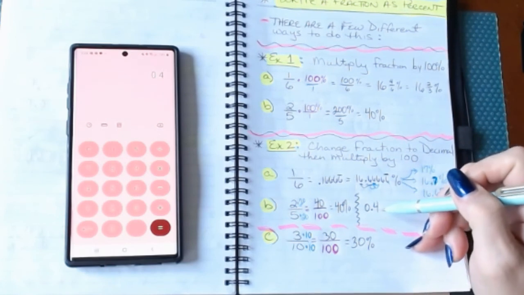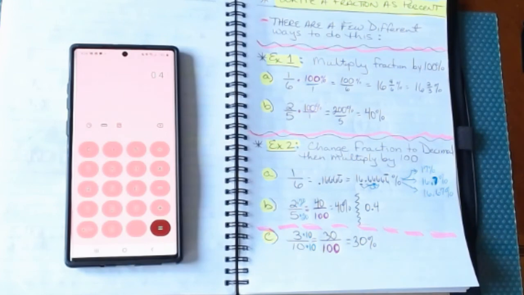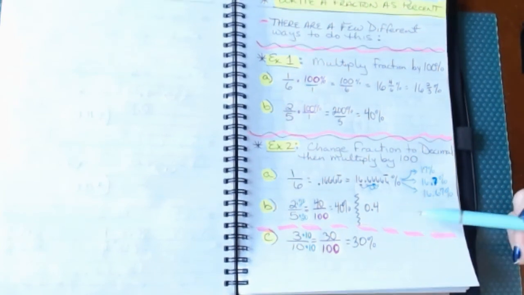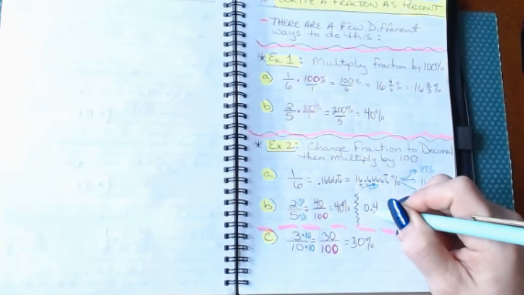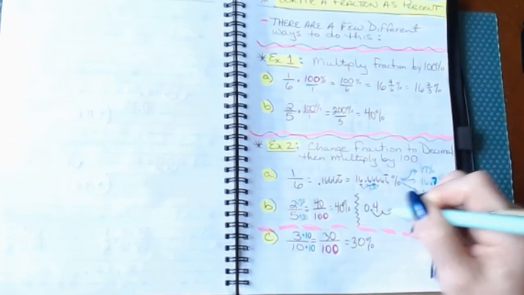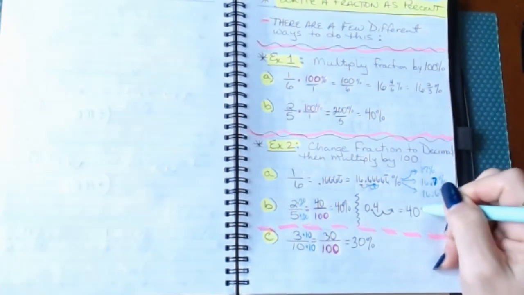All right. Now that it's as a decimal, now I can use the previous work that we did in the last video of changing decimals into percentages. And all we have to do is multiply this times 100, or in other words, move our decimal 2 places to the right. So this equals 40%.